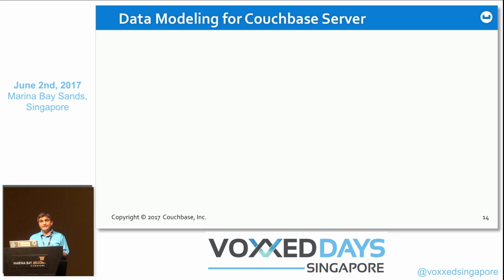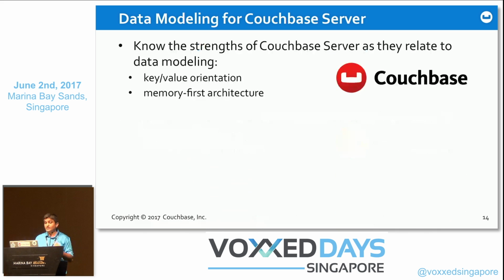But when it comes to the physical data model, you have to understand your storage system and how it stores the data. For example, Couchbase is a document database, and it stores data as key and value. When data modeling for Couchbase Server, you really have to know its strengths and probably weaknesses. That is, it has key value orientation and it is a memory first architecture.